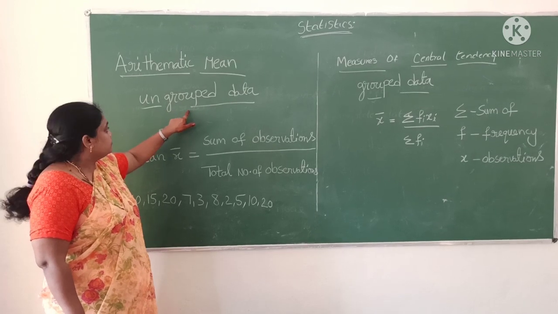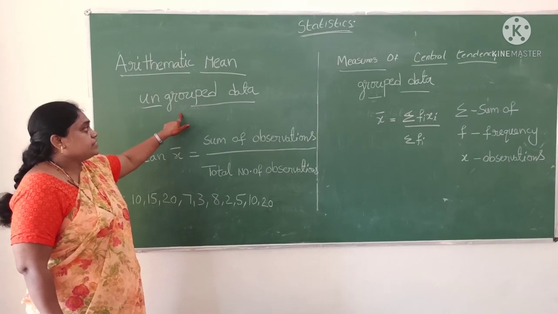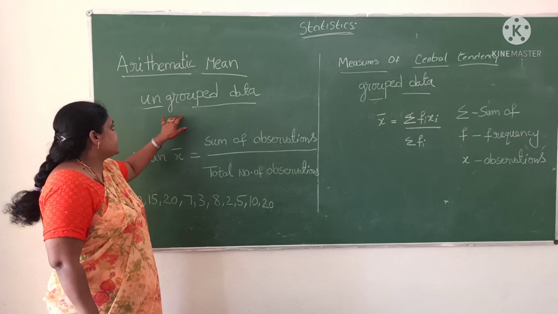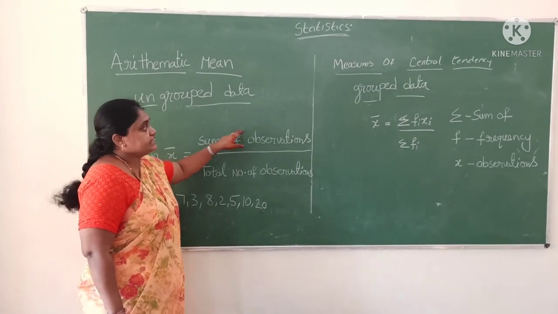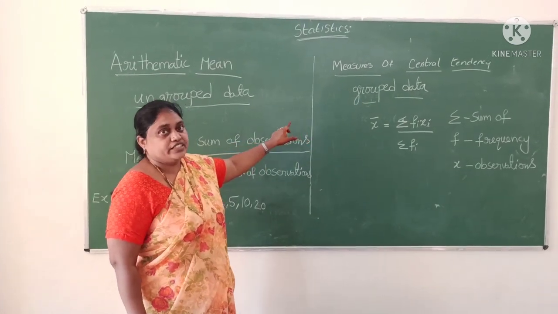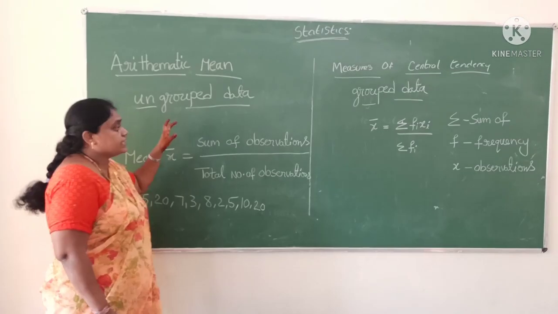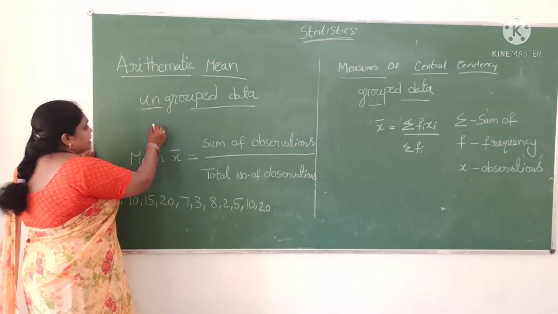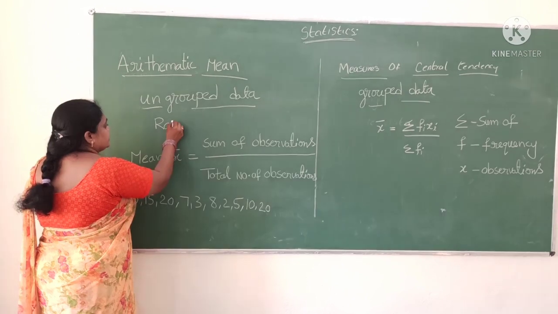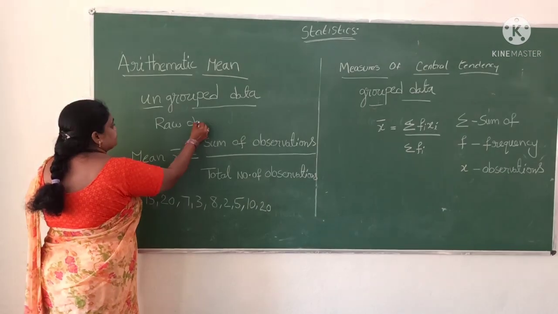We calculate arithmetic mean for two types of data: the first one is ungrouped data, which is also called raw data, and the second one is grouped data.